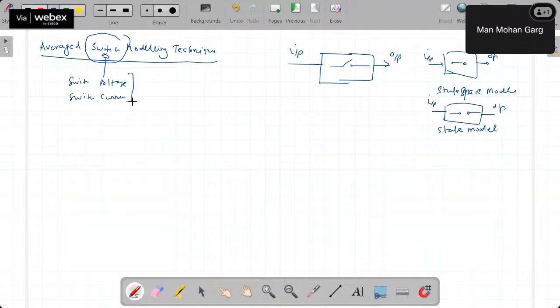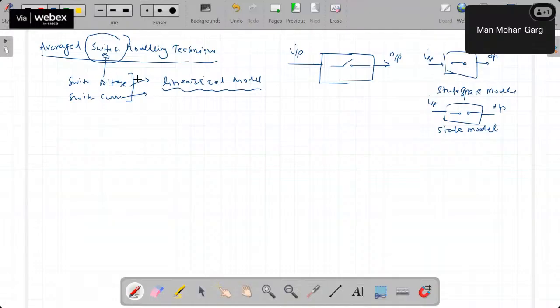When the switch is on and when the switch is off, we average either the switch voltage or switch current, and then get the linearized switch. Then we replace this switch with its linearized model.